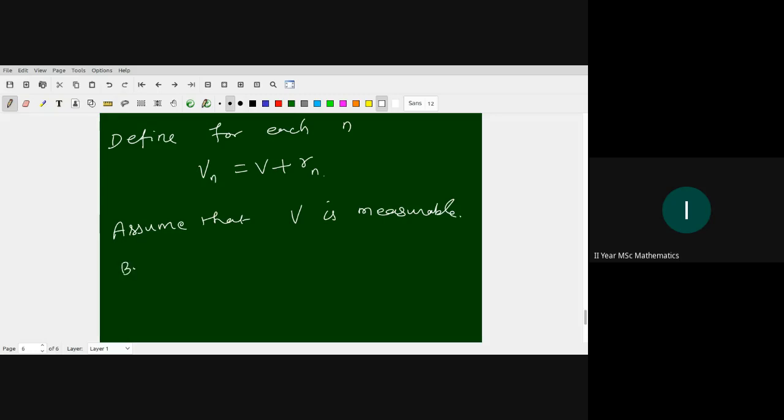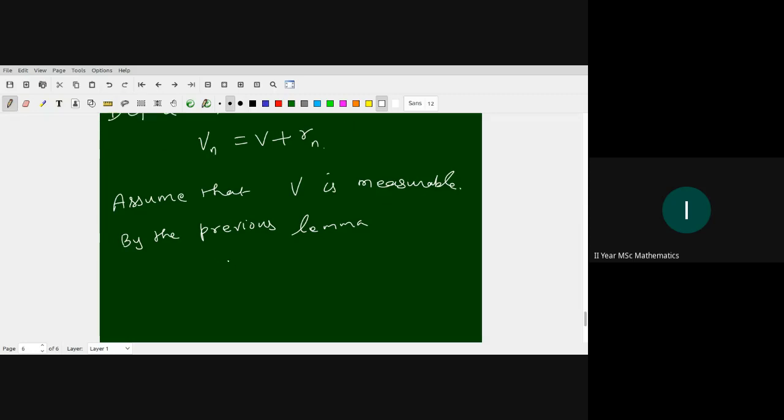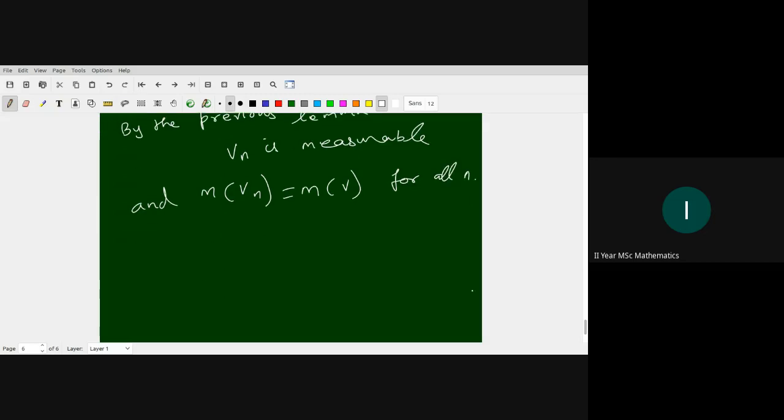By the previous lemma, Vn is measurable, and the measure of Vn is the same as the measure of V for all n.